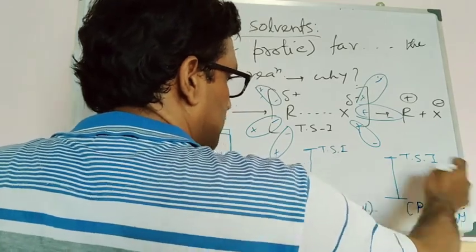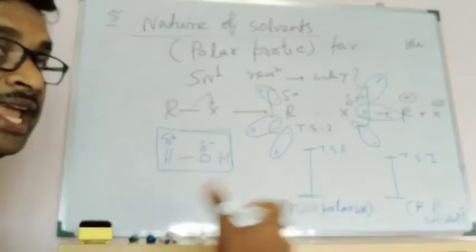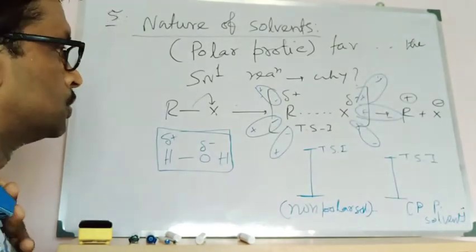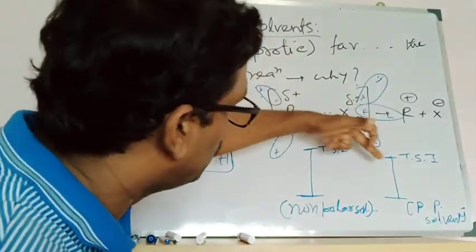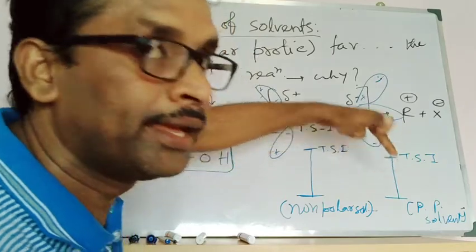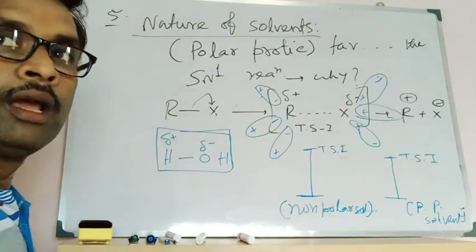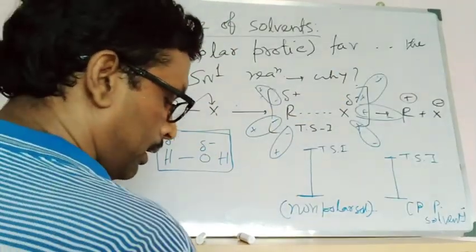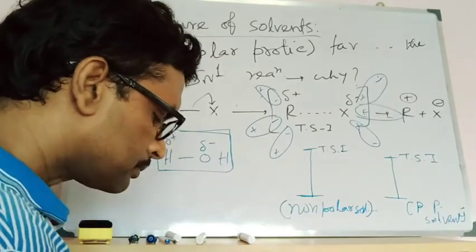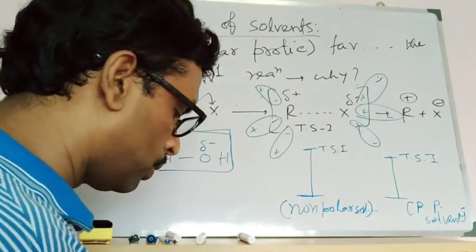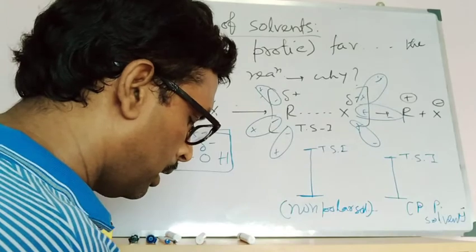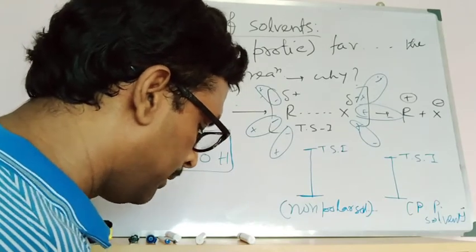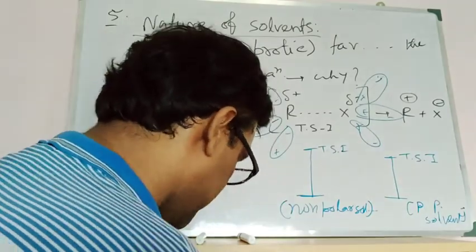So as this one is stabilized by the solvation, its energy will be lower than this, and it needs a lesser amount of energy, or the activation energy will be lower in presence of this solvent. That's why we said that polar protic solvent favors the SN1 reaction.